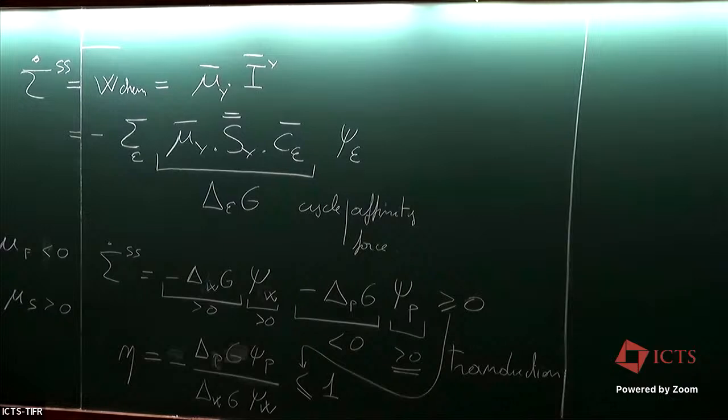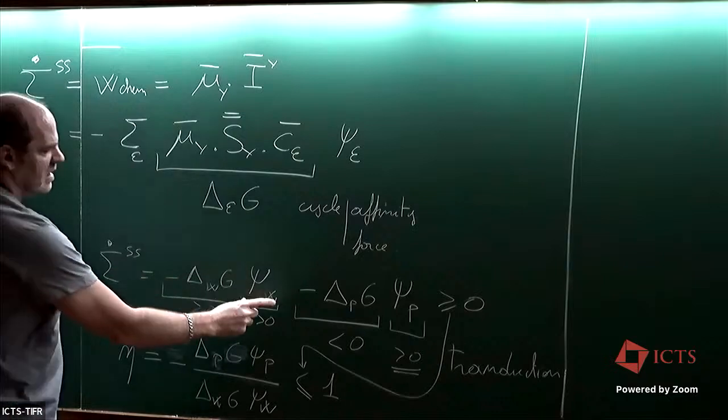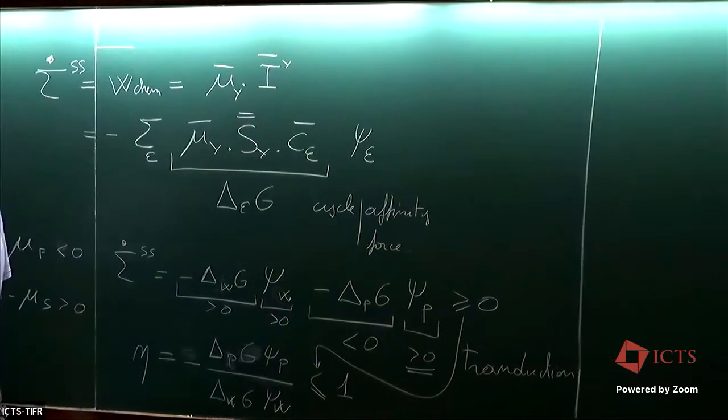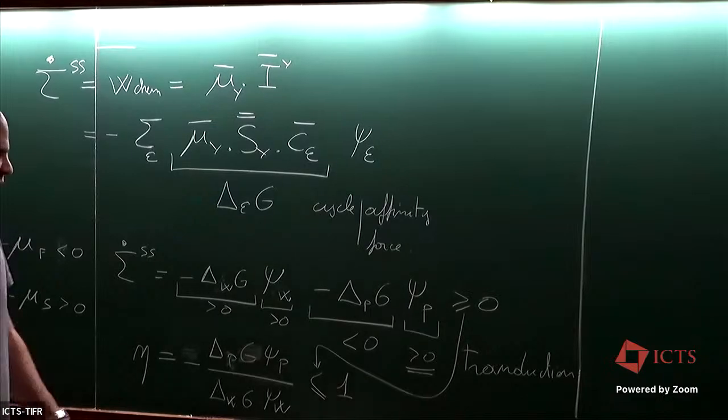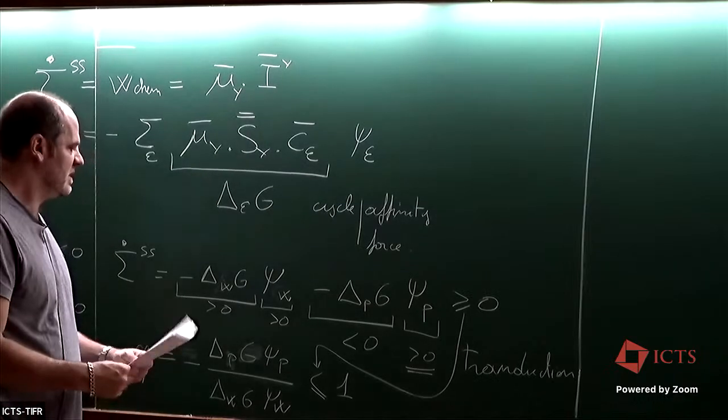Yeah, because this is a rate of entropy production. So this is per unit time, and these are fluxes, so they are also per unit time. No, so this will also be something that we will see in some cases, which are called tightly coupled systems.